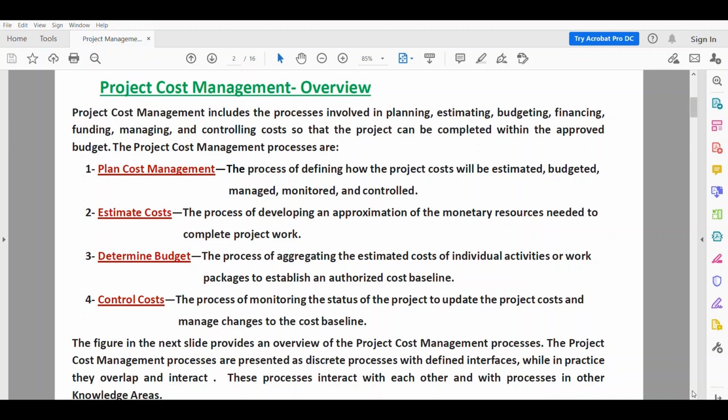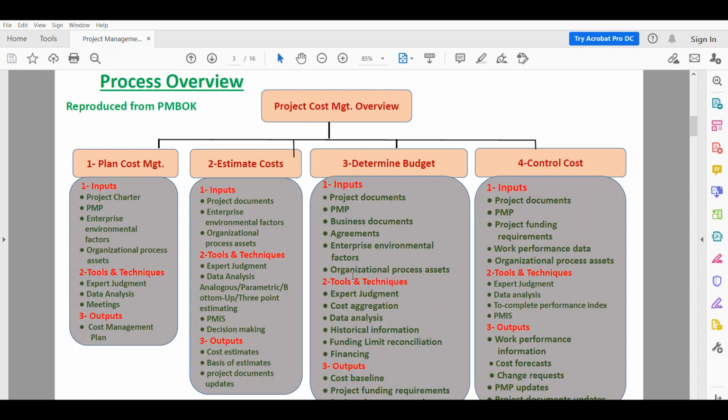So these are the four processes: plan cost management, estimate cost, determine budget, and control cost. And each one of them has its own inputs, tools and techniques, and outputs. For plan cost management, there are many inputs we need in order to plan cost management.